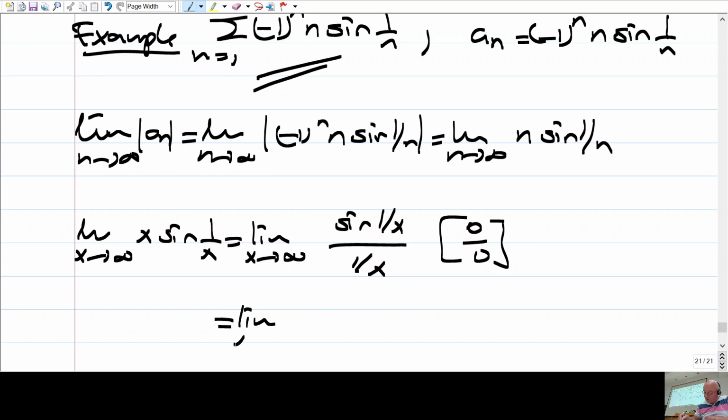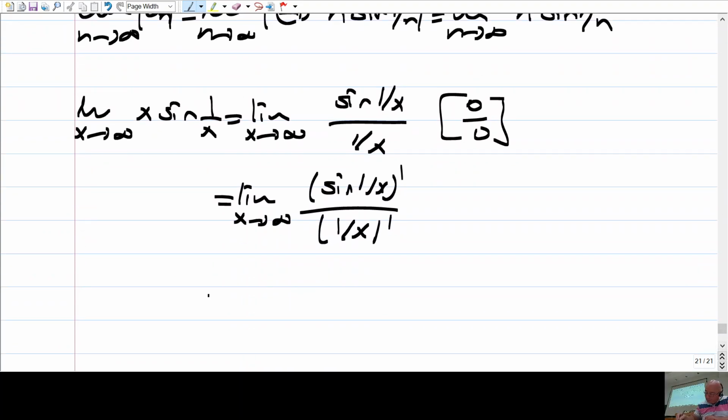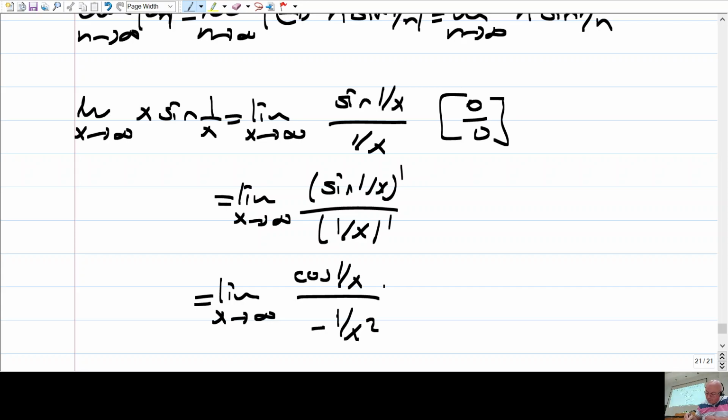And this is just the derivative of sine 1 over x over the derivative of 1 over x. Derivative of the denominator is just minus 1 over x squared. And the derivative of the numerator is cosine 1 over x times the derivative of the inside, which is minus 1 over x squared. So the 1 over x squareds cancel.